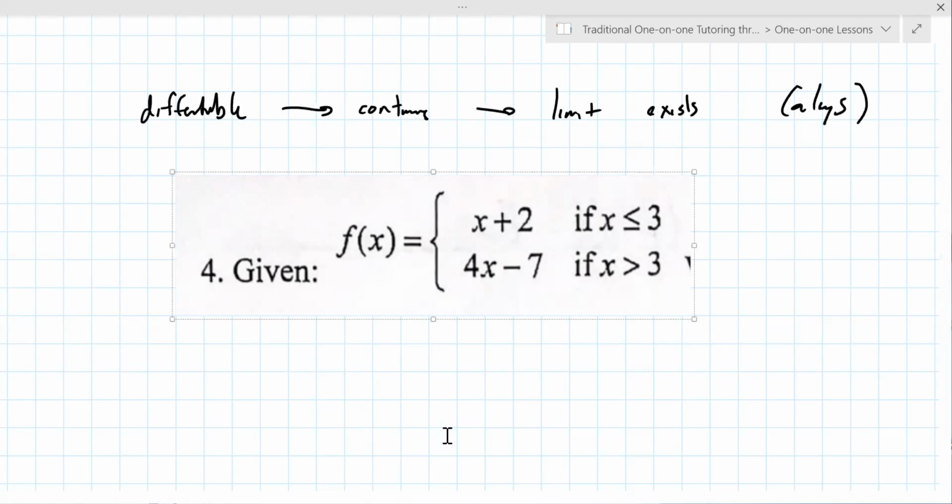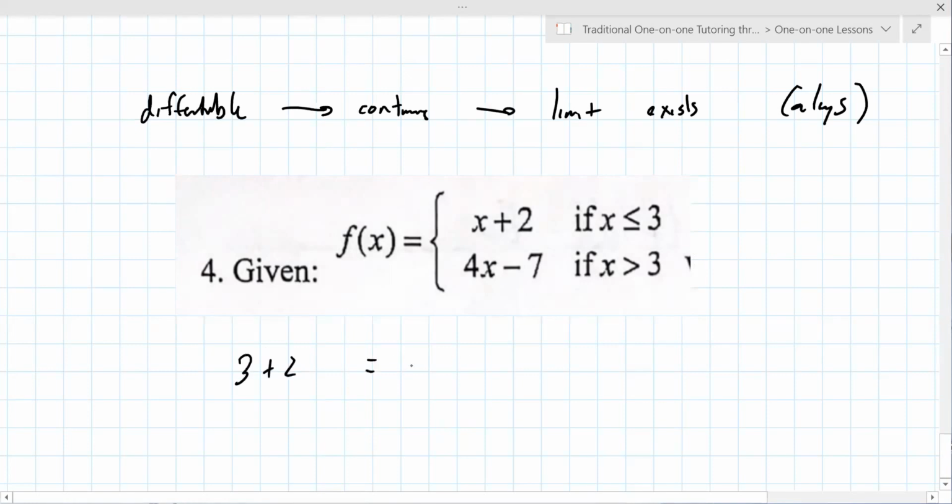Continuous and the limit exists. So is 3 plus 2 equal to 4 times 3 minus 7? You have to evaluate it at the point 3, and the answer is yes, like you just said.